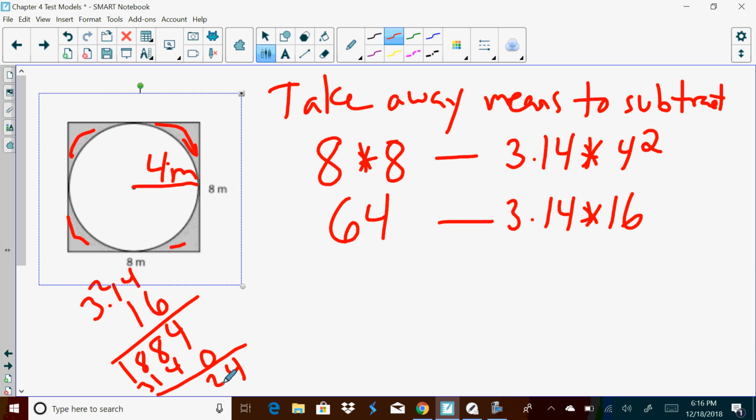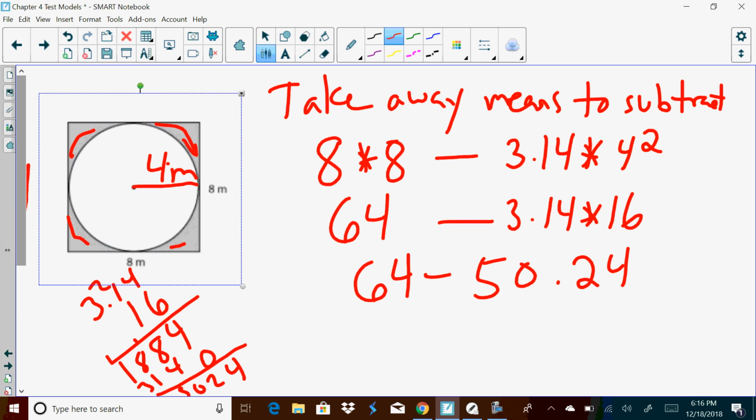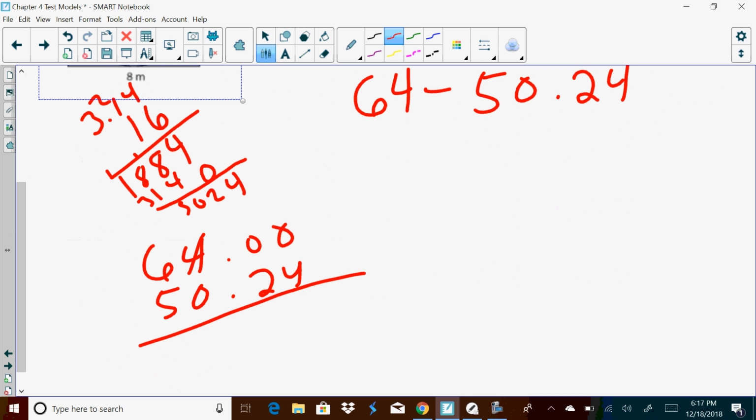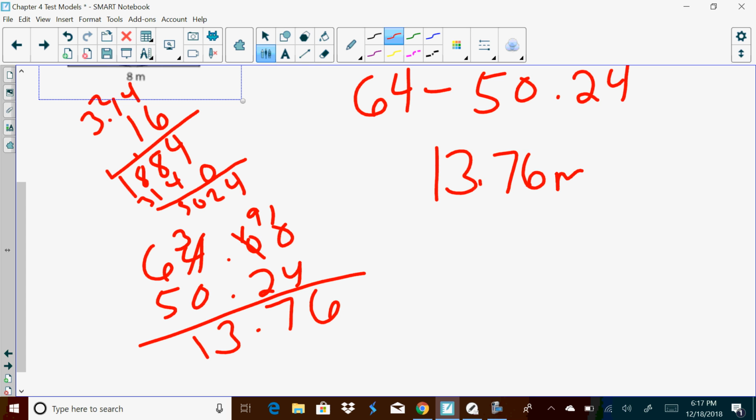So that's 50.24. So now I'm going to do 64 minus 50.24, which is going to give me 13.76 meters squared.